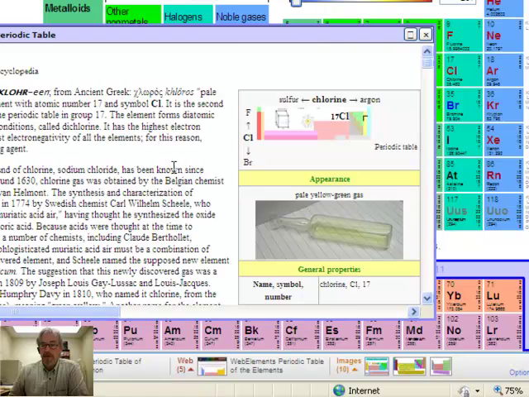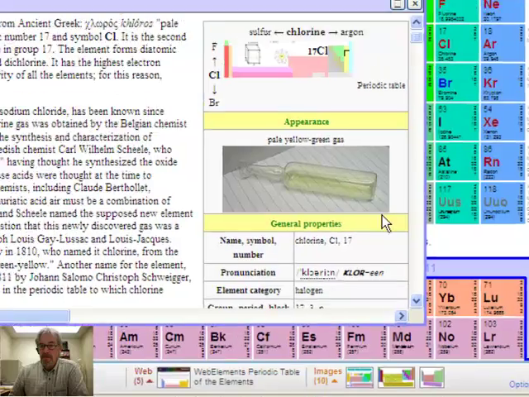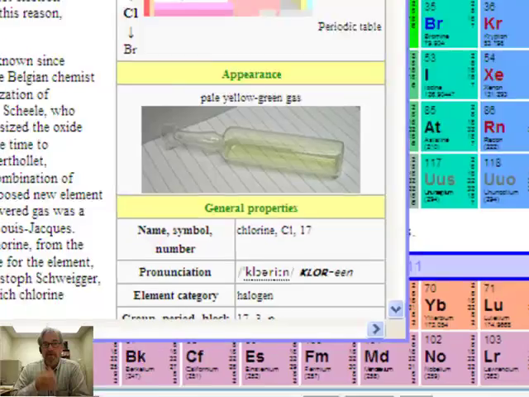And it's not a metal, and it's not silvery, it's not even a solid. It's this pale yellow-green gas that you see right here. It's also very reactive, but when it reacts with water, it doesn't make a base. It makes something called an acid, which is just the opposite of a base. So in the same row, you are not going to find similarities necessarily. But in a vertical column, in families, you would find some chemical and sometimes physical similarities.